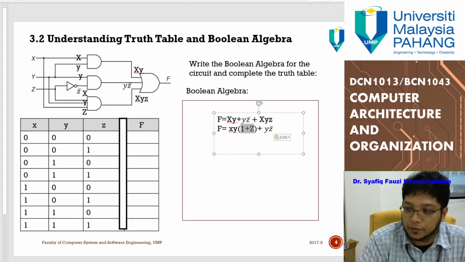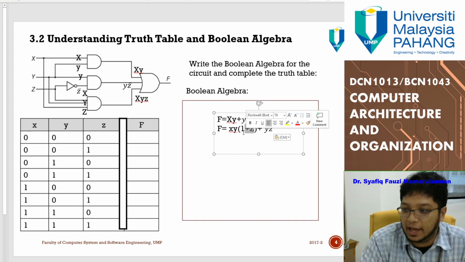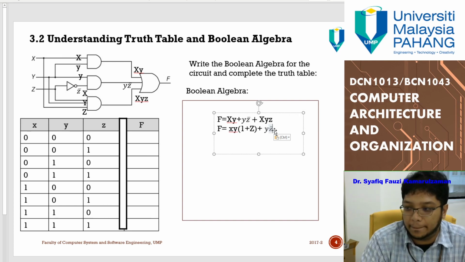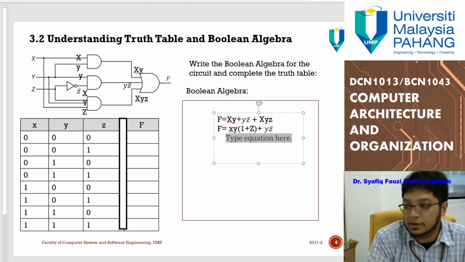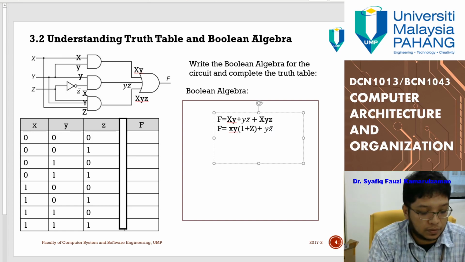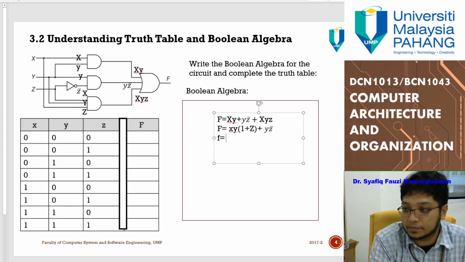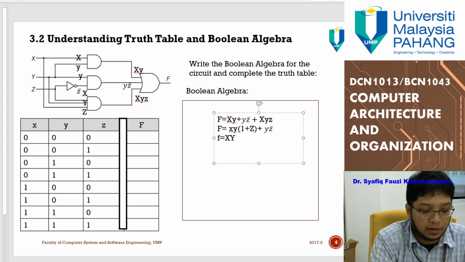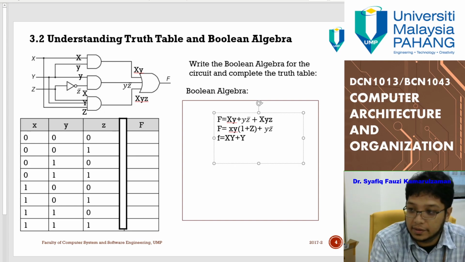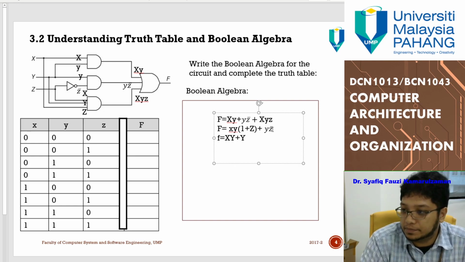If you follow the rule inside my lecture, you notice that Z plus 1, any input plus 1, the result will always be 1. So in this case, it's XY only, XY plus YZ bar.